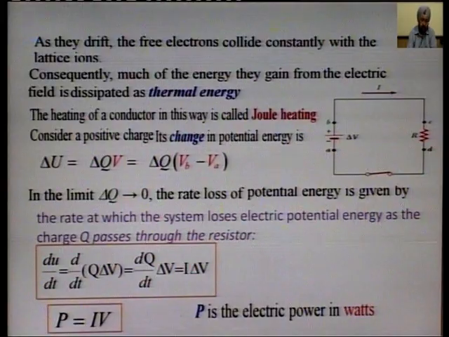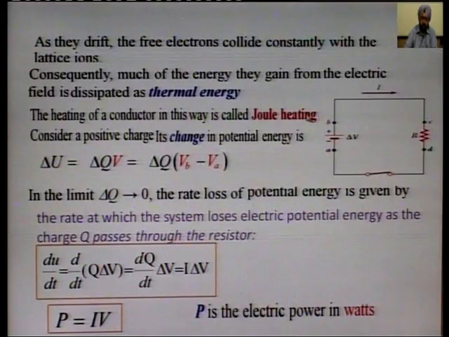We have studied in the last slide that much of the energy they gain from the electric field is dissipated as thermal energy. The conductor gets heated up because thermal energy has been dissipated. The heating effect of a conductor in this way is what is called Joule heating.